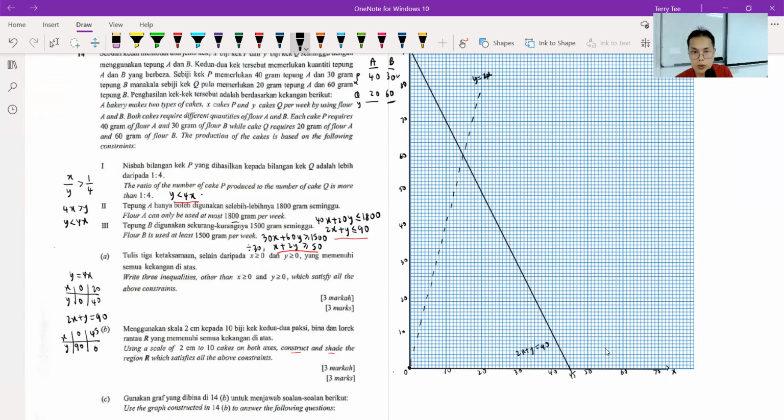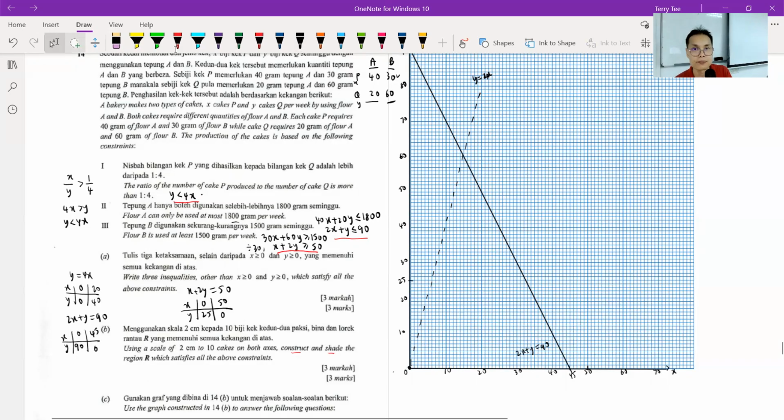equals 90. Okay, the third line I have to draw is x plus 2y equals 50. Again, we use a table of values, x and y. When x is 0, y is 50 divided by 2, which is 25. When y is 0, x is 50. So 0, 25, which is over here, and 50, 0, which is over here.